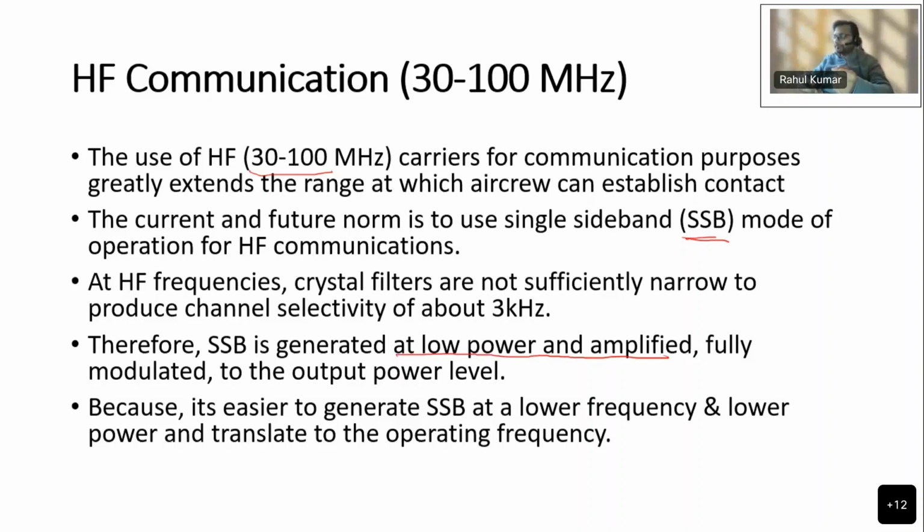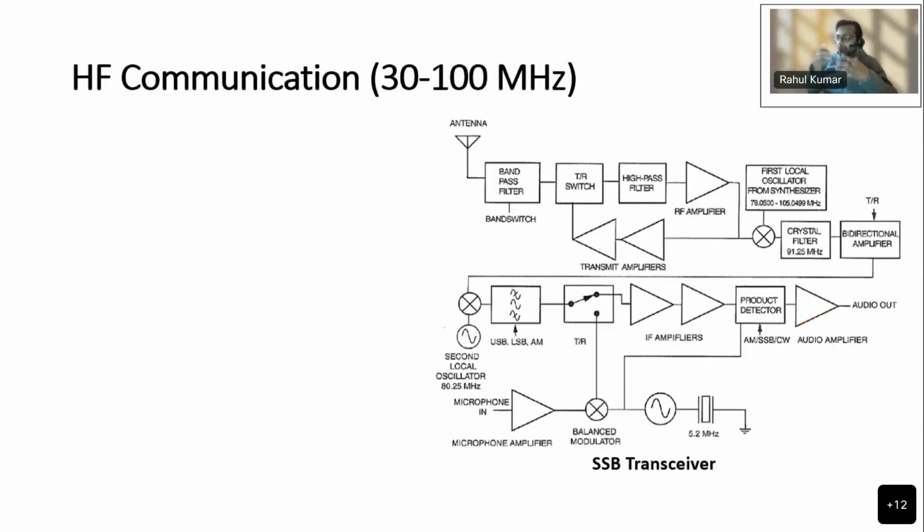Okay, so generally for HF communication, our generation and modulation are done at low frequency and then we convert them into high frequencies. Okay, let's have a look at how we do it.